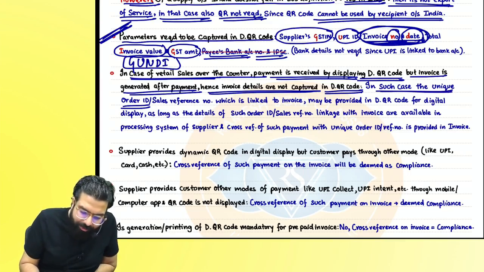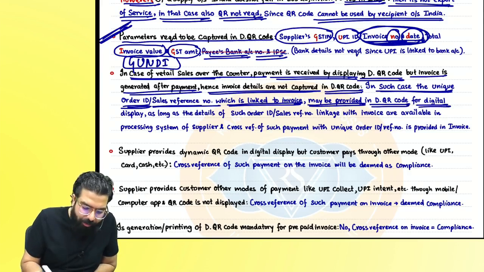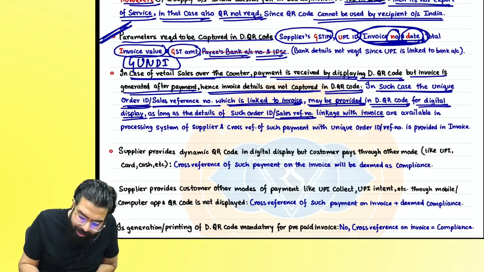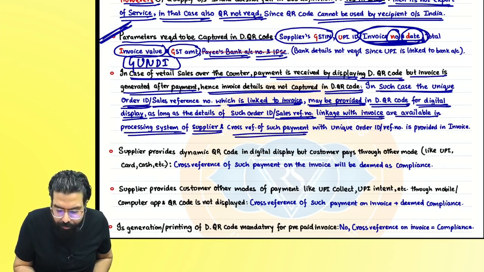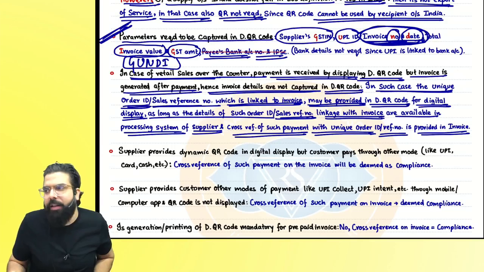So, sir, in such a case, the unique order ID or sales reference number which is linked to the invoice may be provided in the QR code for digital display, as long as the details of such order ID, sales reference number, linkage with the invoice are available in the processing system of the supplier and cross reference of such payment along with the unique order ID or sales reference number is provided in the invoice.